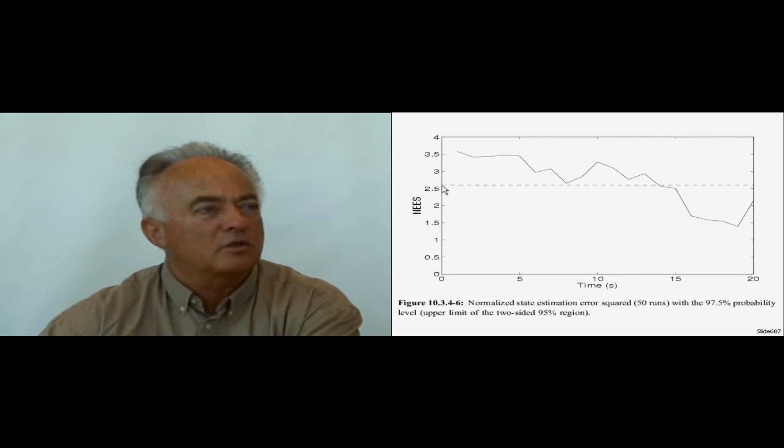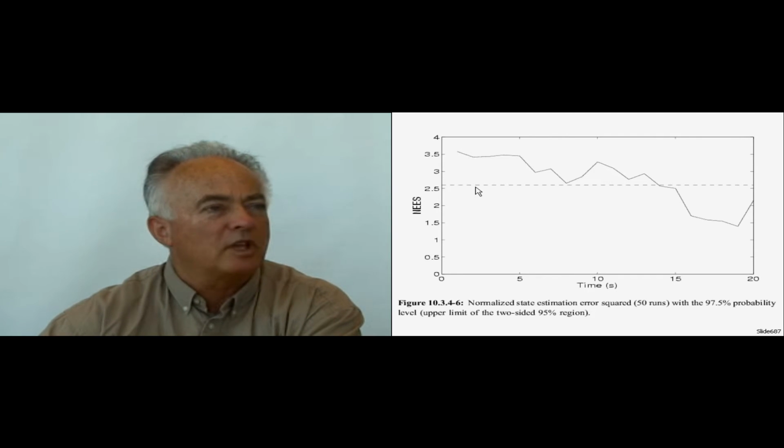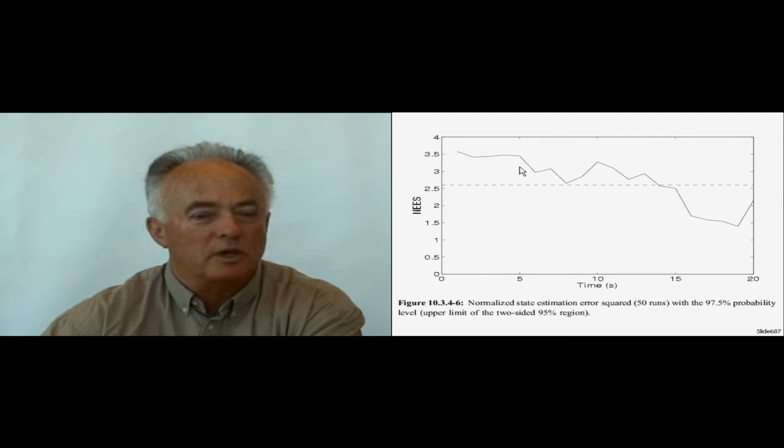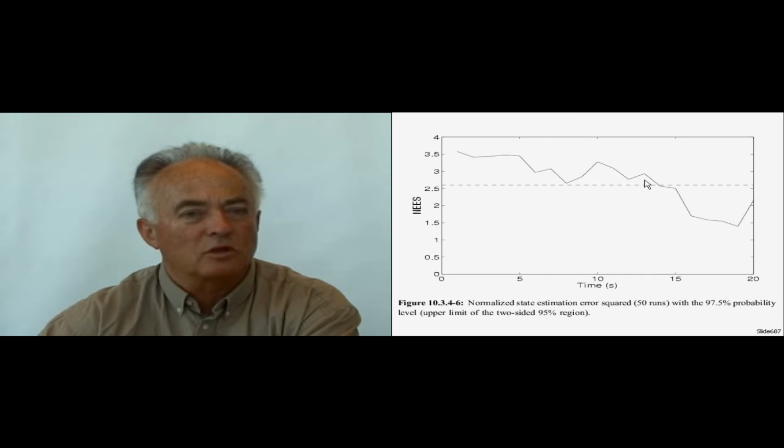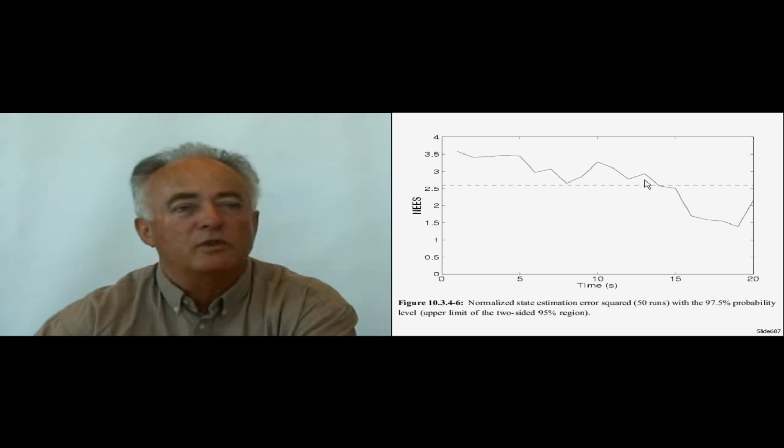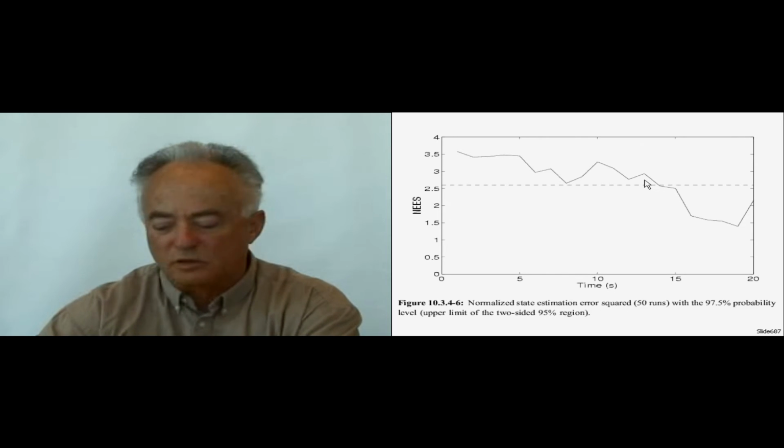This is 100 degrees of freedom chi-square, you divide by 50, so on the average it should be 2. We can see that it is not staying within the 95% region. By the end it gets there, so we do have a problem here that the estimator is not quite consistent. It's not very far from there, but it is not quite consistent because of the unavoidable nonlinearities.